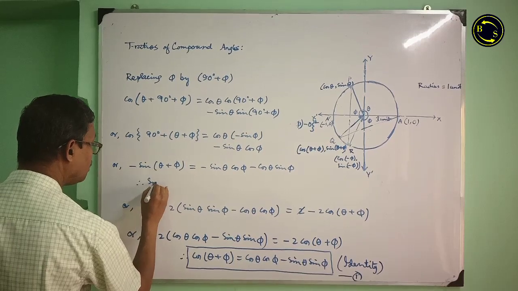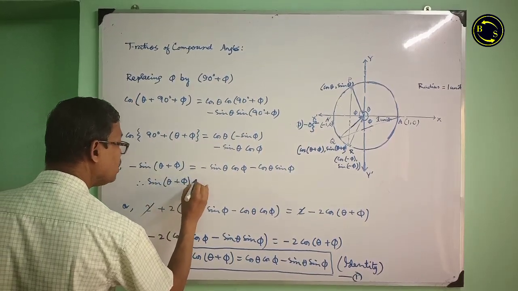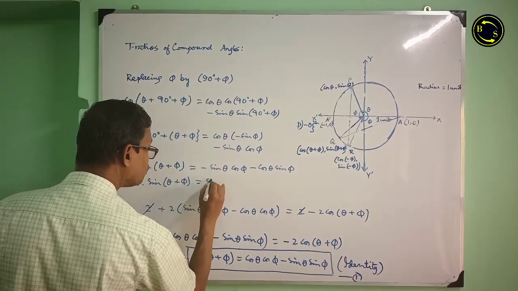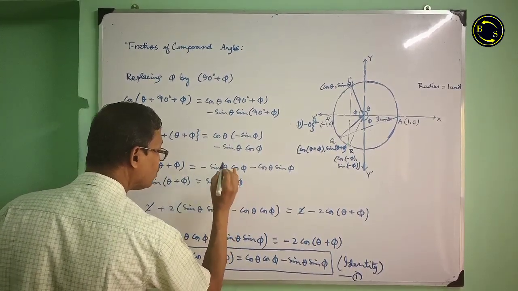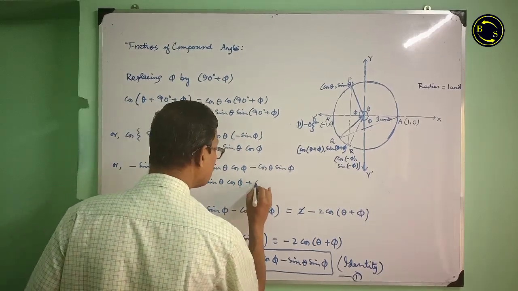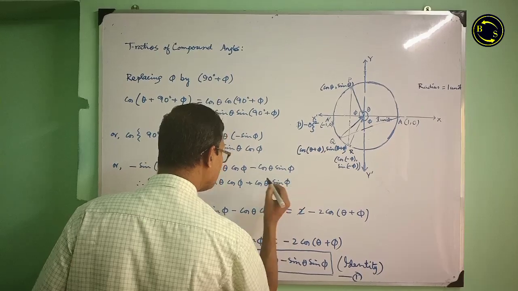Therefore, sin of theta plus phi is equal to sin theta cos phi plus cos theta sin phi.